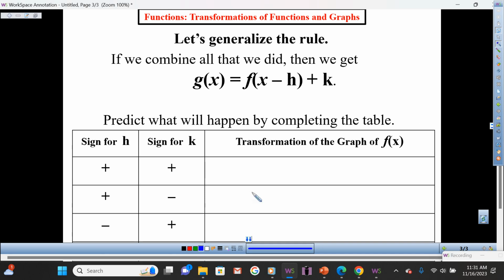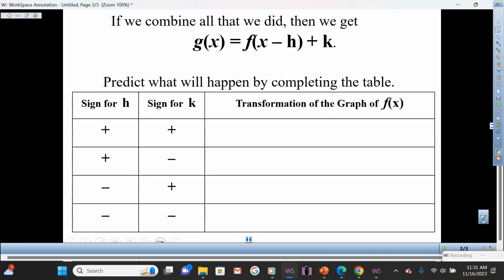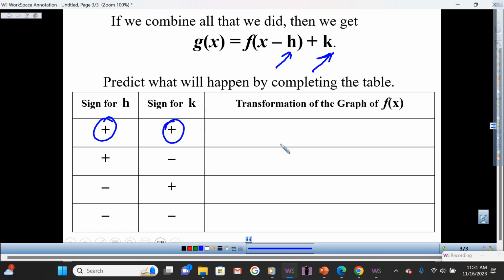Anthony D, what did you write for the first row when you substitute? Look up to the screen, guys, for those of you that are having some doubts. Here we're going to substitute a positive value into our general rule and a positive value for k. What's going to happen to the function, Anthony D? Up and to the right. That is correct.